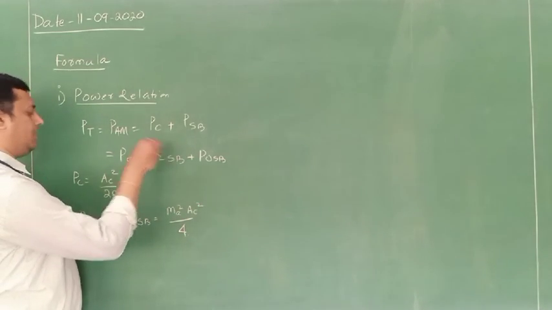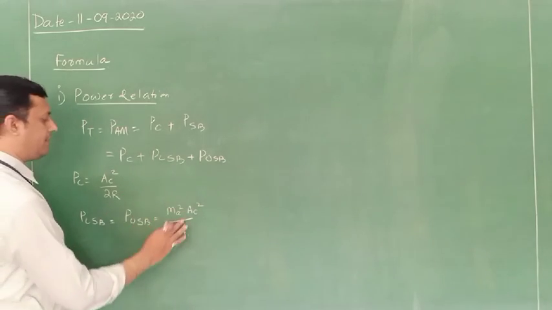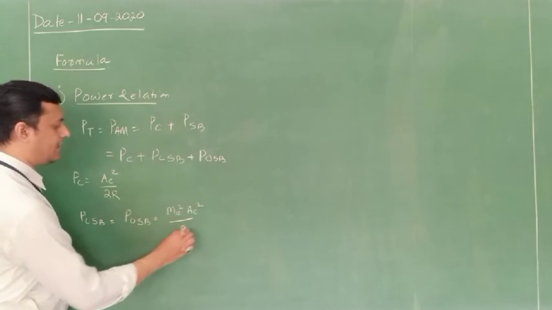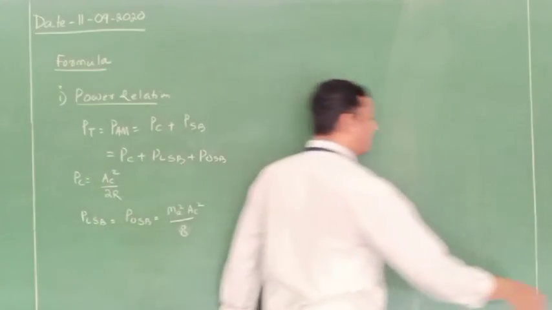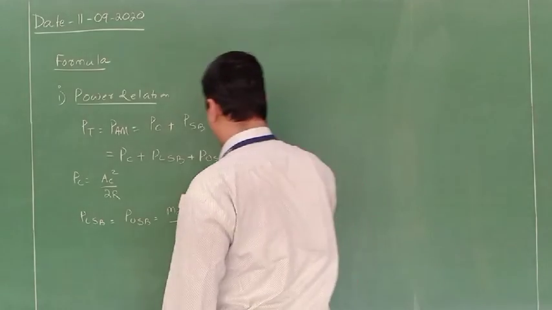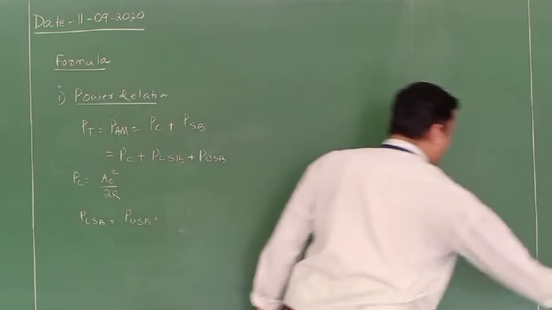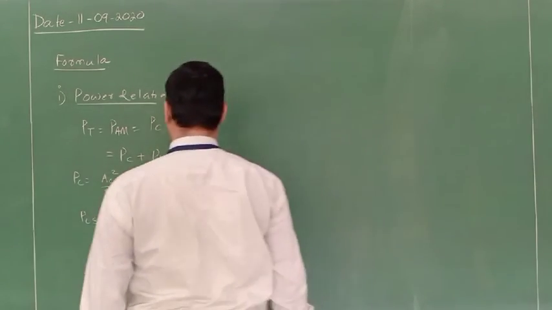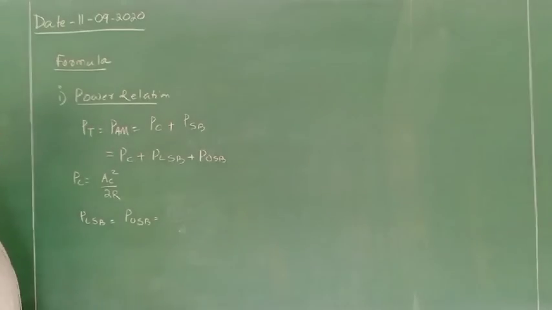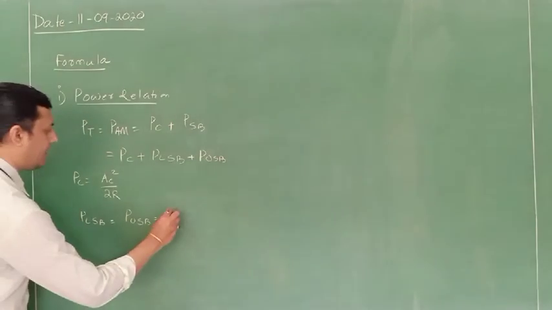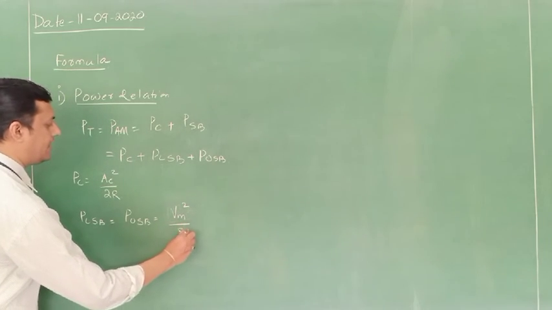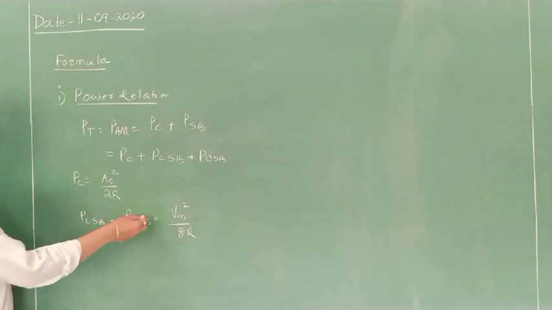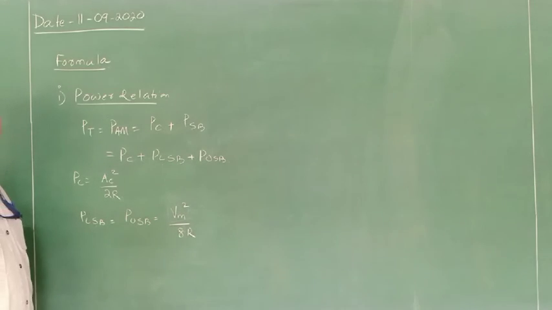Because individual power, if I add, it is called as 4, or in terms of Vm, if you are writing, then you can write Vm square by 8R. So the sideband power is available as Vm square divided by 8R each, so that when I add these two, it will become Vm square divided by 4R.